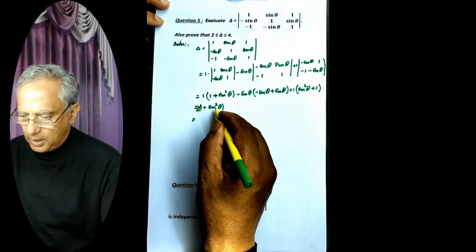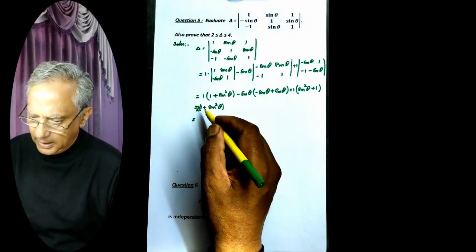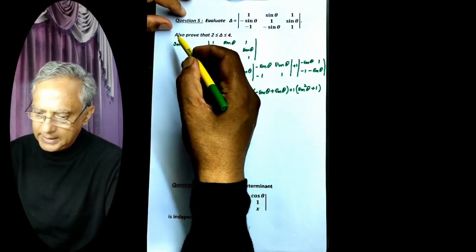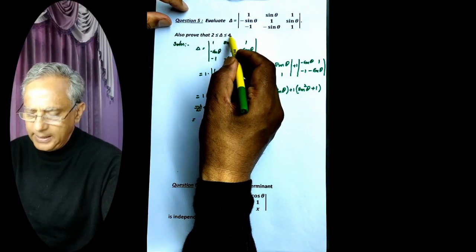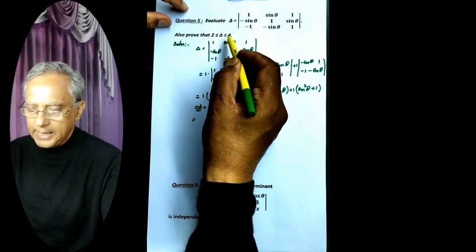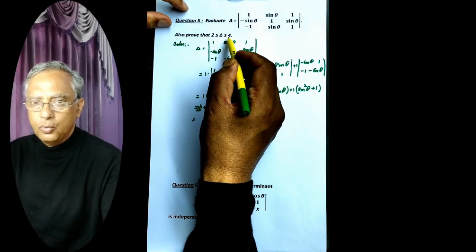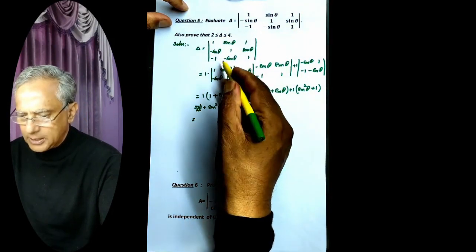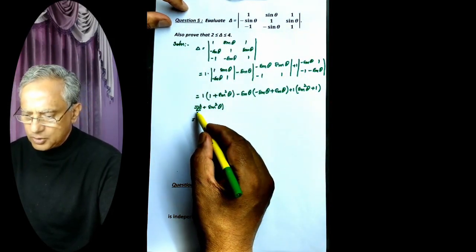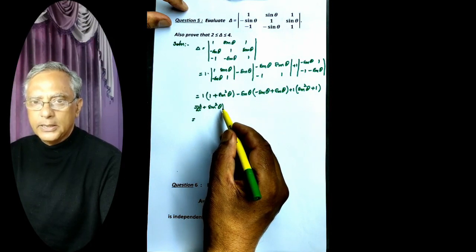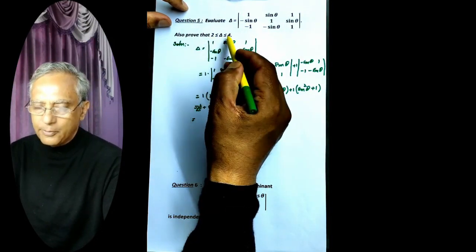So now we have to prove that this lies between 2 and 4. We have evaluated this determinant. The value of this determinant is 2 into 1 plus sine square theta. Now we have to prove that this lies between 2 and 4.